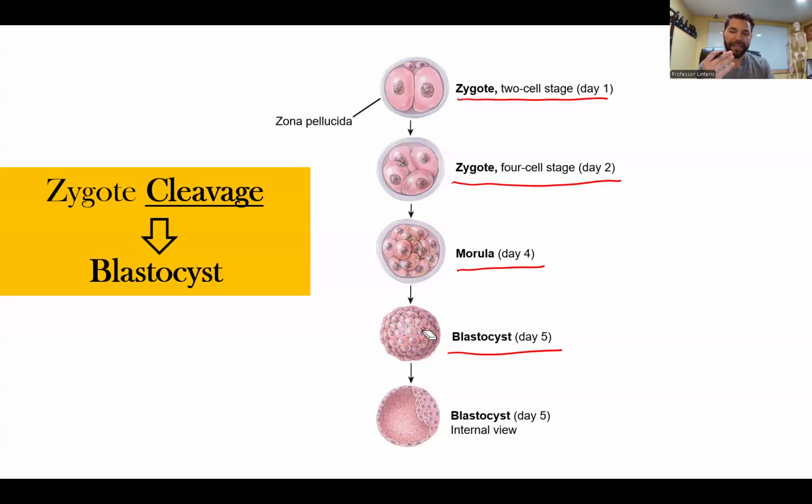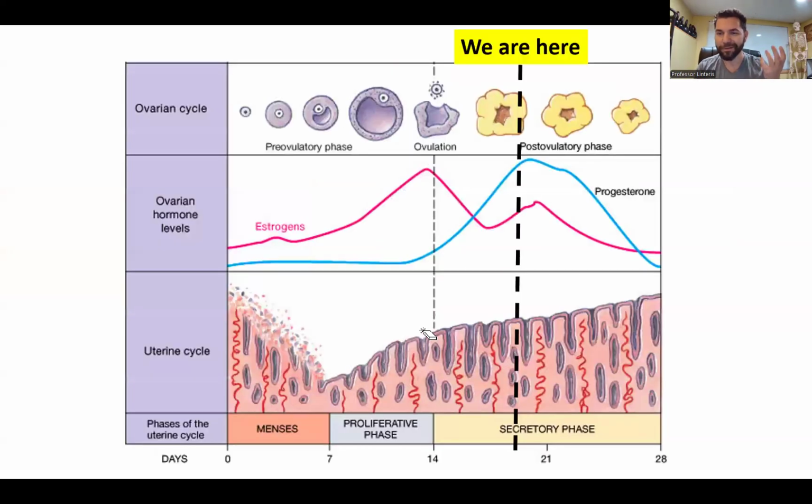So we see the increase in cell number, still within that zona pellucida, as we progress from day 1 to day 5. Depending on the amount of cells and the phase that it's in, we call it something different. So we have a 2-cell zygote, 4-cell zygote, a morula, right? Lots of cells in there. And the blastocyst actually starts to look like something, right? Just looks like a cell mass, but it looks like something.